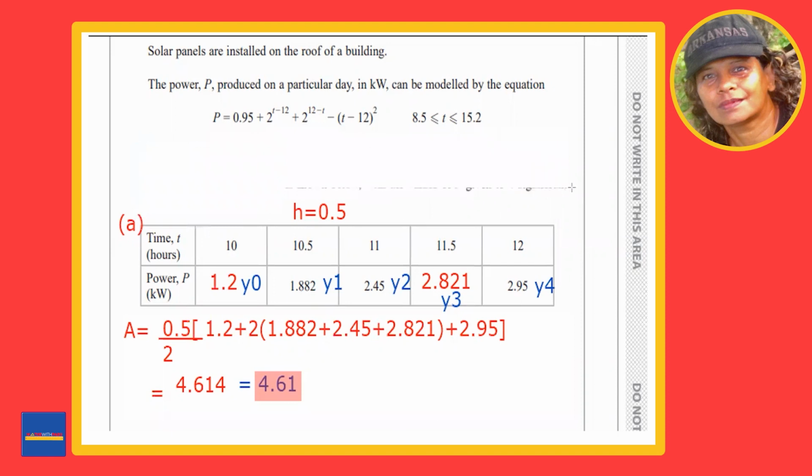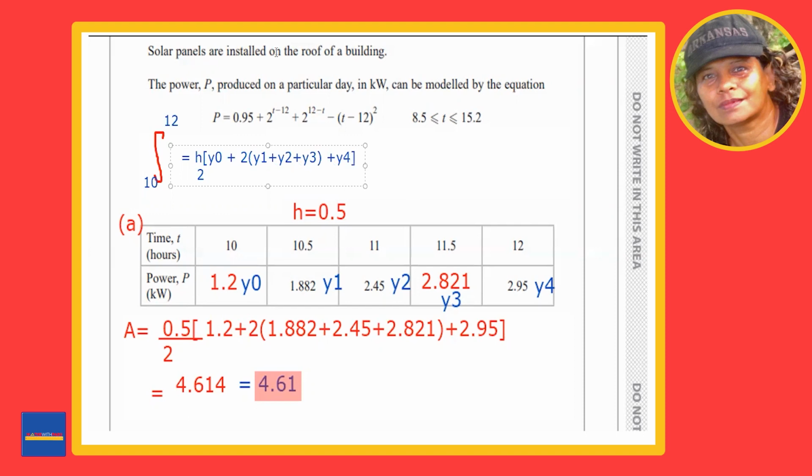To find the trapezium rule, if we're going to integrate it from 10 to 12, we have half of h, so h over 2, into y0 plus twice of y1 plus y2 plus y3, plus y4.